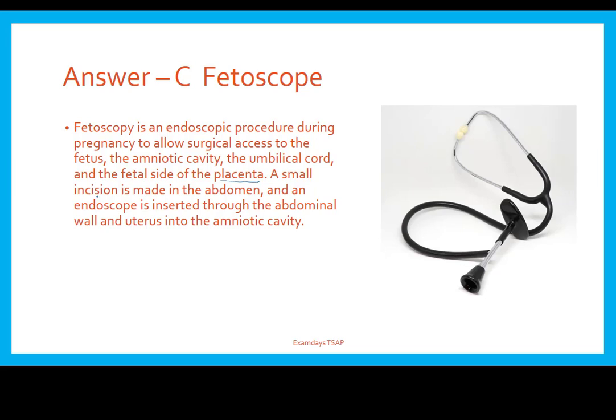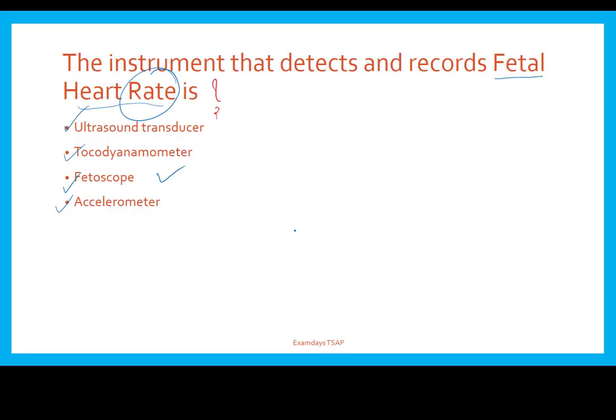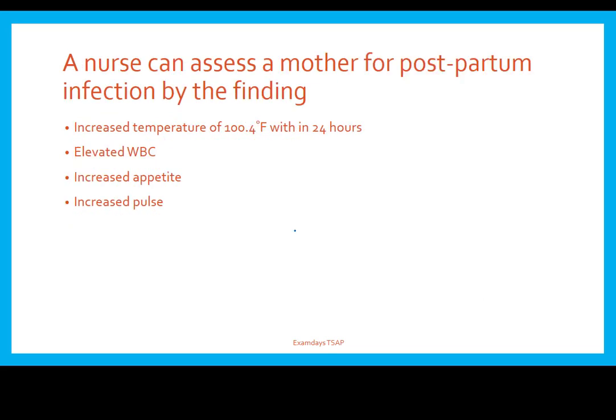A small incision is made in the abdomen, and an endoscope is inserted through the abdominal wall and uterus into the amniotic cavity. So this is the procedure where we detect and record the fetal heart rate. Moving on to the next question.